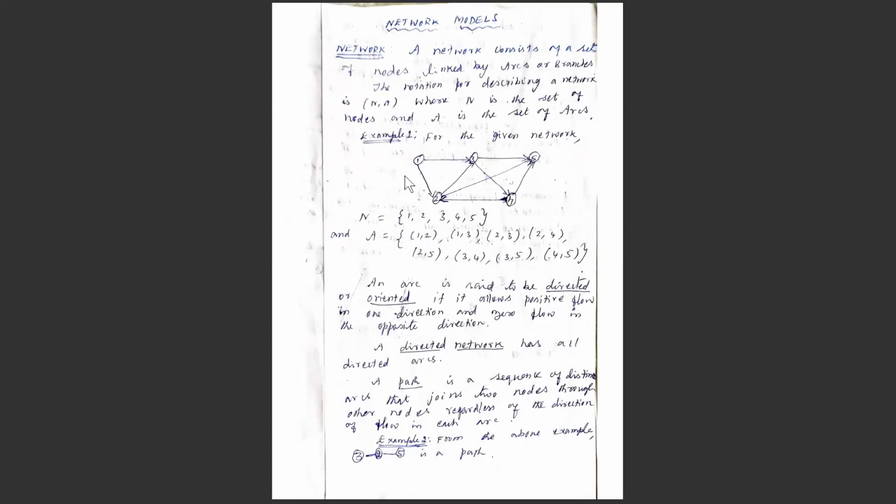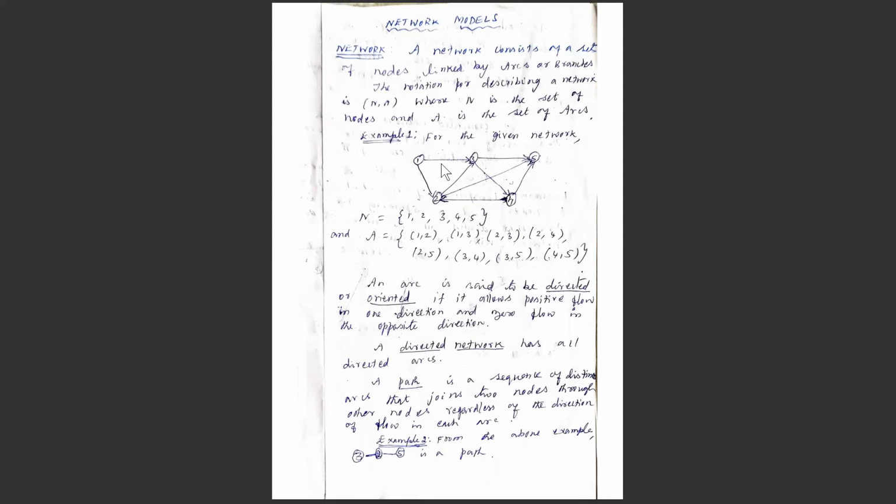N comprises 5 nodes, 1, 2, 3, 4, 5. So I'm taking the subset {1, 2, 3} of N. And here, see this path, 1 to 2, 2 to 3.